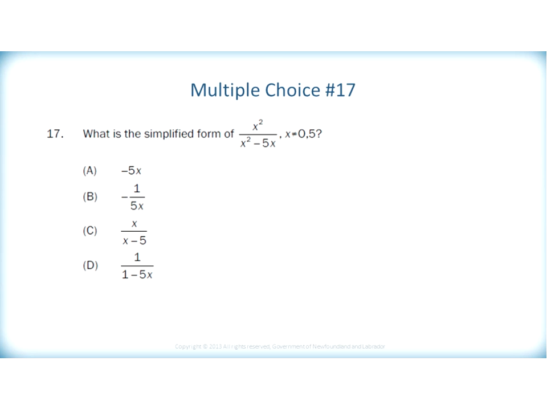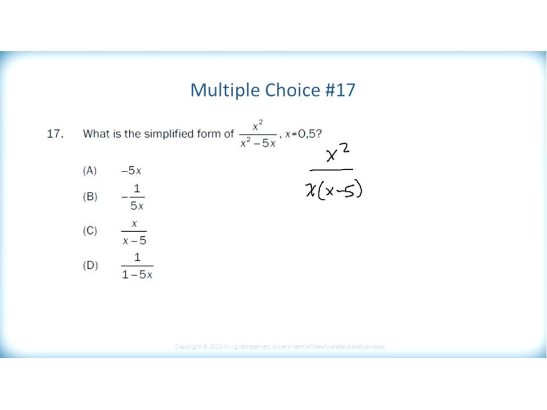What is the simplified form of x squared over x squared subtract 5x? When we simplify, first we must factor. And in this unit, you have to have the skills of factoring binomials. So we have x squared over x outside of x subtract 5.